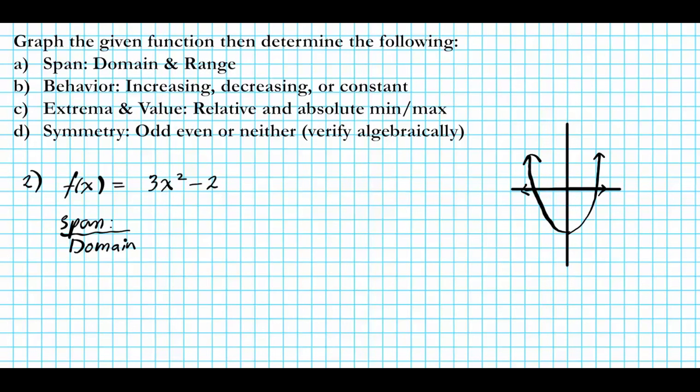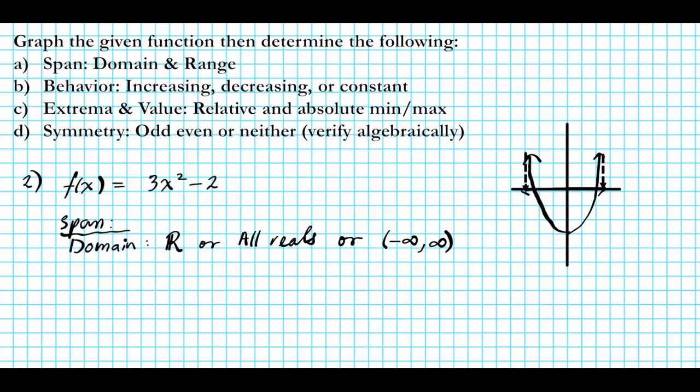So this tip gets projected downwards, this tip gets projected downwards, and you have the entire interval going from negative infinity to infinity. So the domain here is all reals, or you can say from negative infinity to infinity as your horizontal span.